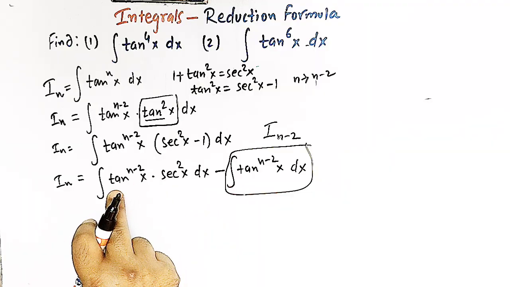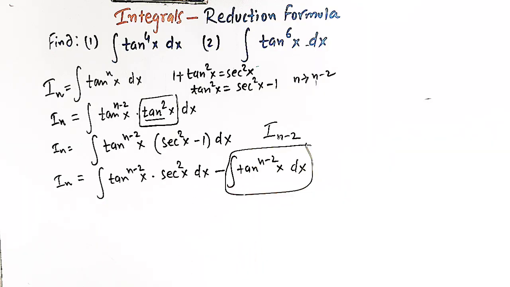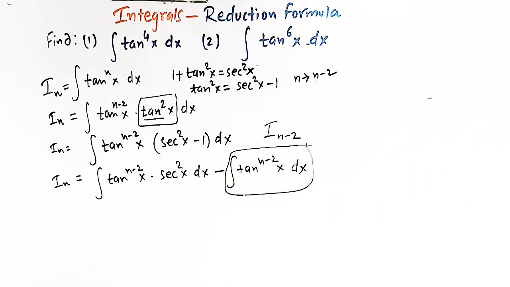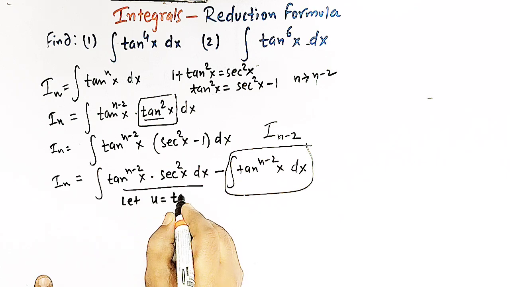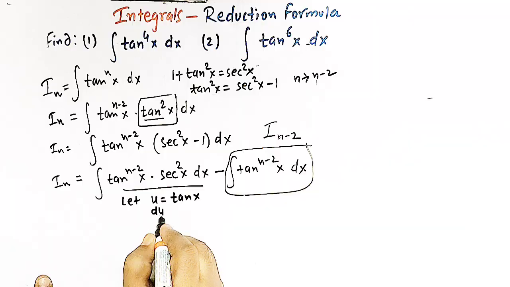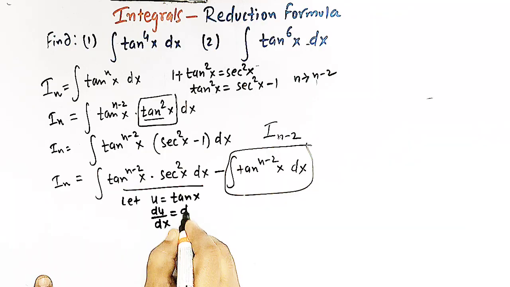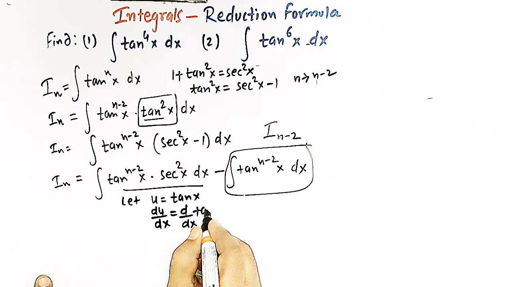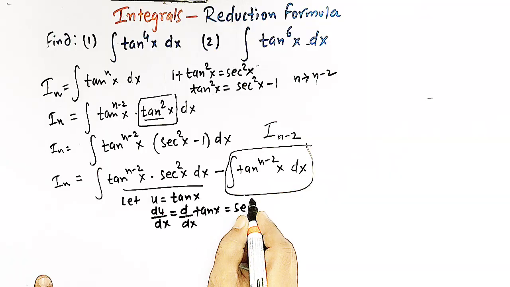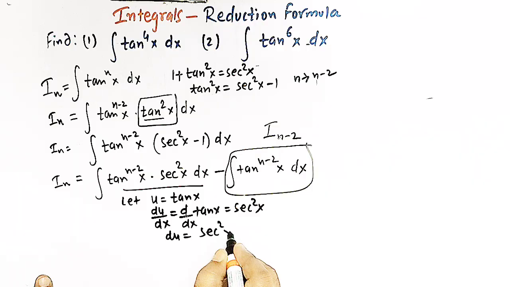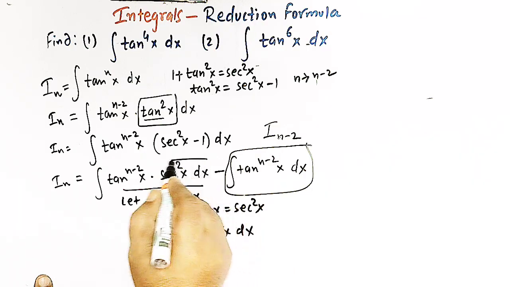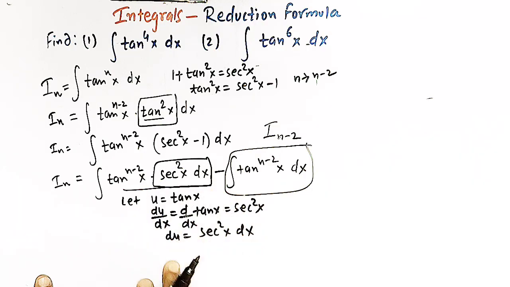So in order to solve this indefinite integral, we'll make use of the method of substitution. So here we'll make this substitution, say u is equal to tangent of x, so that du over dx is given by d by dx of tan x, that is secant square x. So we can now write du is equal to secant square x dx. So now we can replace this secant square x dx by du.